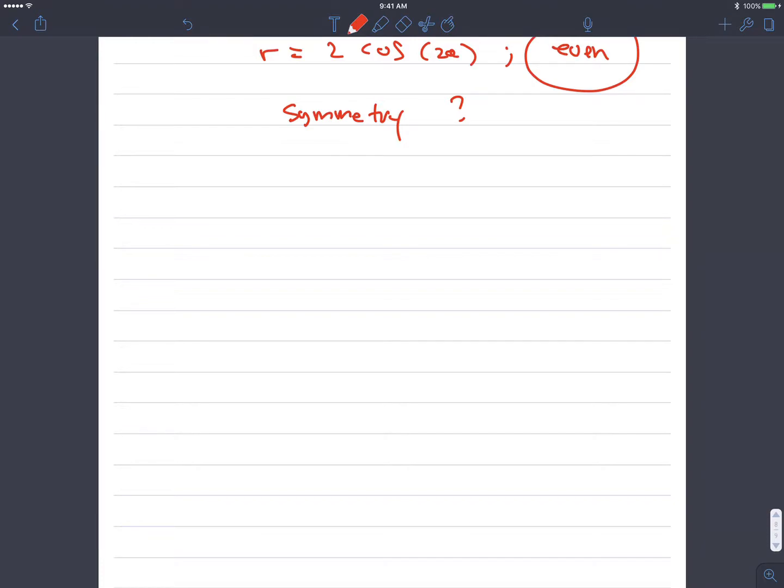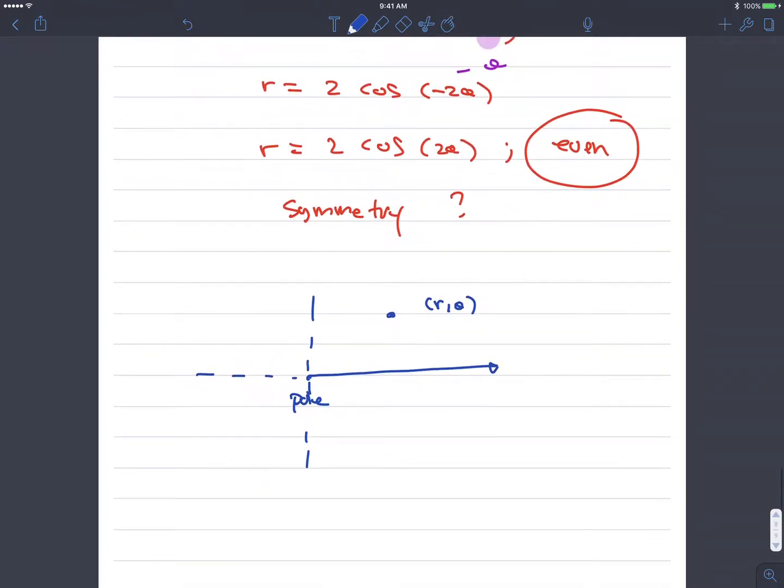If I show you a polar curve here, here's our pole. Here's the polar axis. Notice what just happened. R theta would be maybe somewhere here. Is that r theta? Some point r theta. What do you guys know about r minus theta?